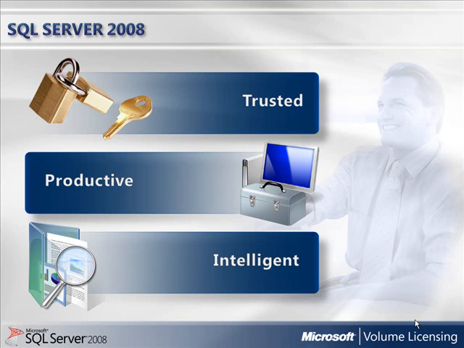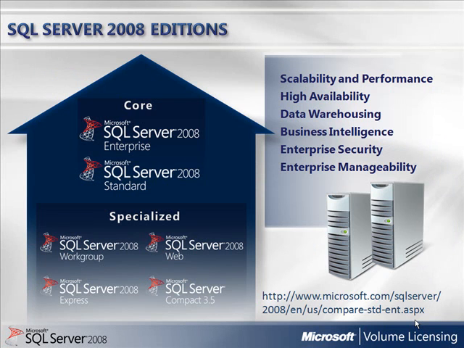Intelligent. SQL Server 2008 provides a comprehensive platform delivering business intelligence where your users want it. These three areas are important to most organizations, but perhaps to different degrees, and thus Microsoft offers a range of products and you can choose the one tailored to your business needs.